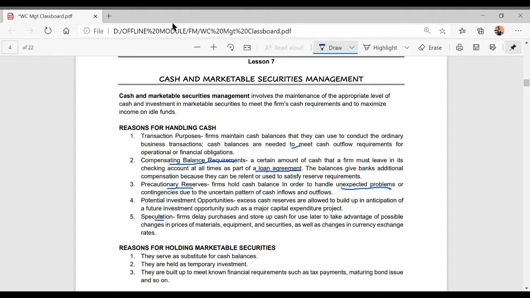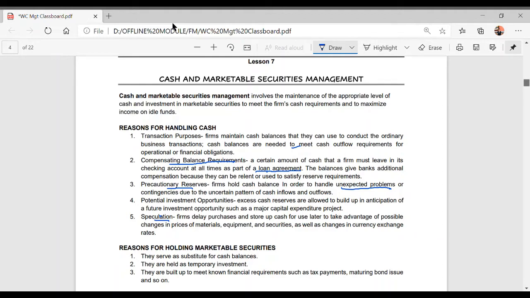And it could also be for speculation, that is in relation to the purchases that will be bought in the future. Especially, you have to consider that there are fluctuations in the exchange rates or in the interest rates. So that is for the purpose of speculation.